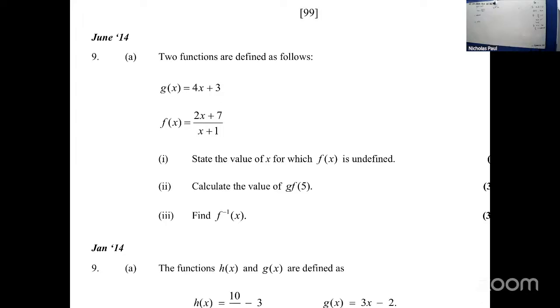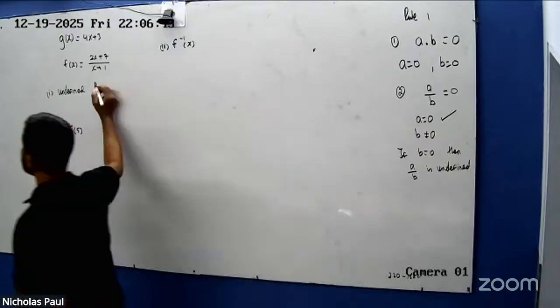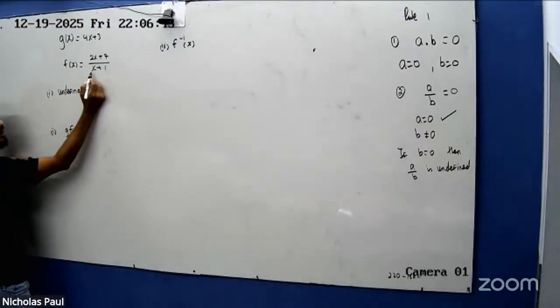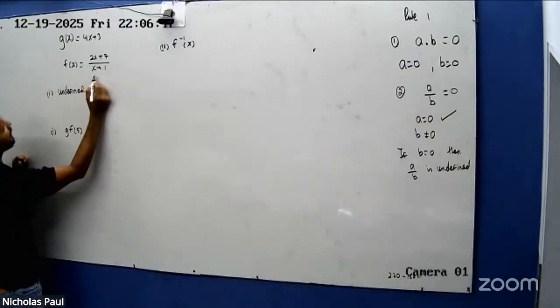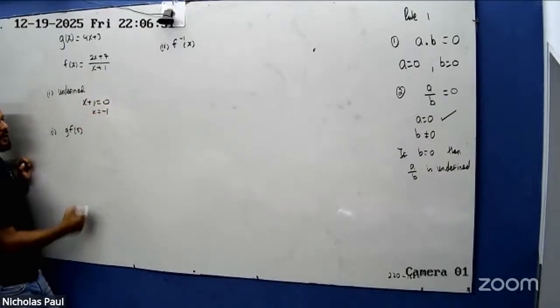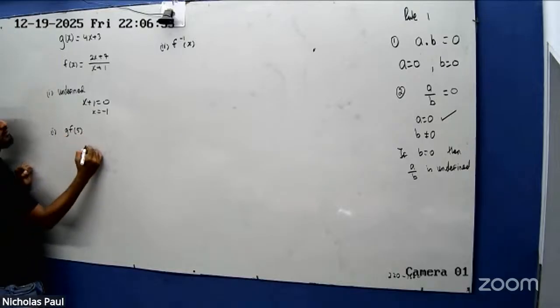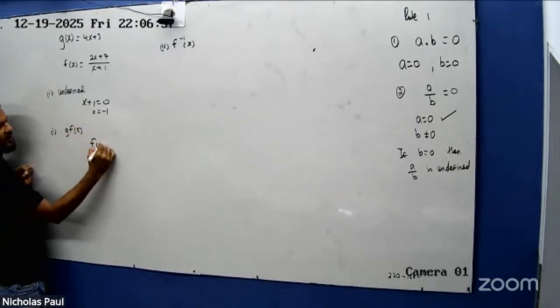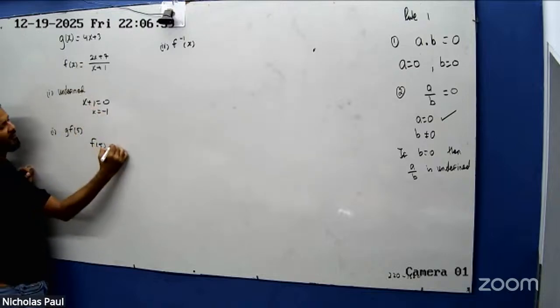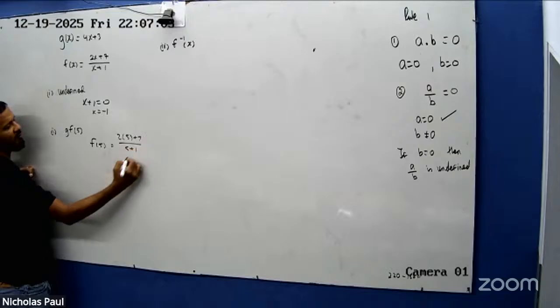Right, let's correct it now. First thing, undefined means that its denominator will be 0. So x plus 1 is 0, so x is minus 1. Next, g of f of 5. I'm going to find f of 5 first. F of 5 will be 2 by 5 plus 7 over 5 plus 1.